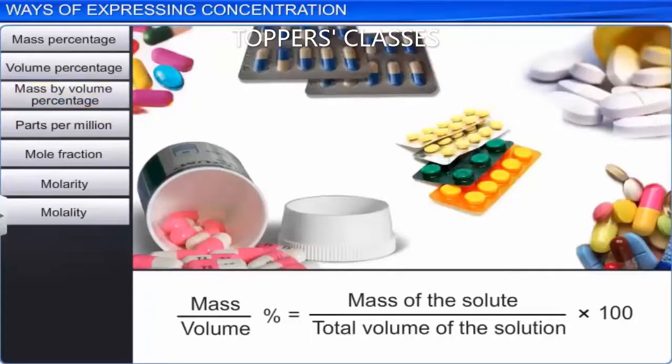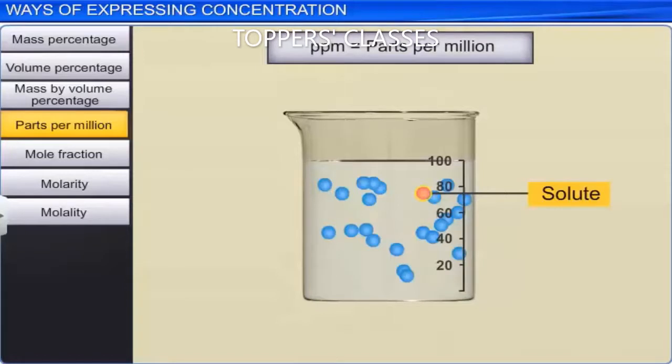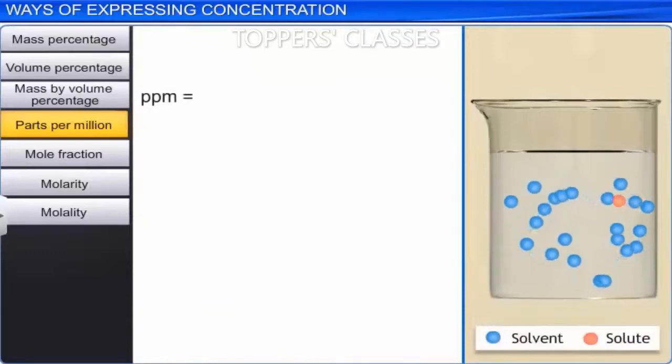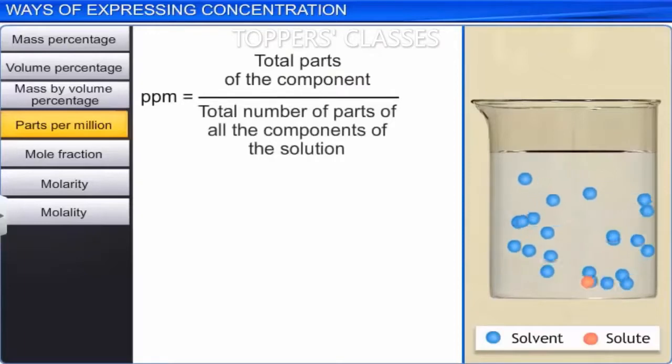When a solute present in a solution is in a very small quantity or trace amounts, its concentration is expressed in another quantity known as parts per million, or ppm. Parts per million is defined as the ratio of parts of the solute to a million parts of the solution. Mathematically, it is expressed as the total parts of the component divided by the total number of parts of all the components of the solution multiplied by 10 to the power 6.